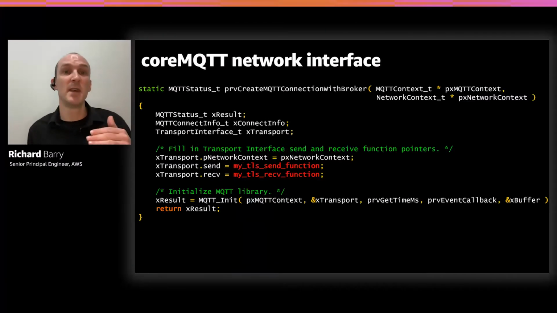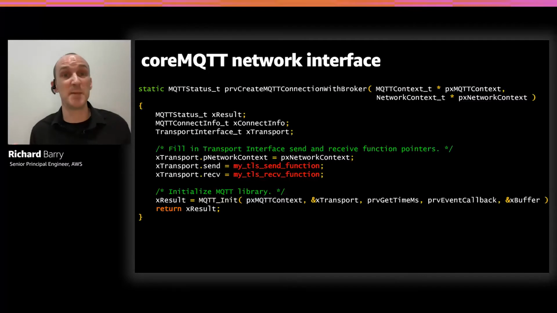If you look at the second line up, you'll see the MQTT API. The second parameter there is the transport interface. The transport interface is just a structure that you provide. You'll see that being completed in the 3 lines above that. The first is the context. That can be anything you like. The MQTT stack doesn't look at that. It just passes it into your send and receive functions.